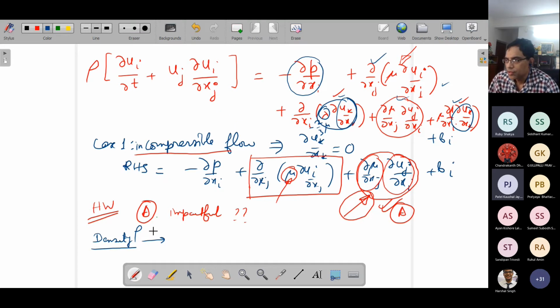So now again I am asking you a question. Can any one of you tell that this equation, what is written at the top, what is the consideration for density here? Constant, variable, what? Any one of you?